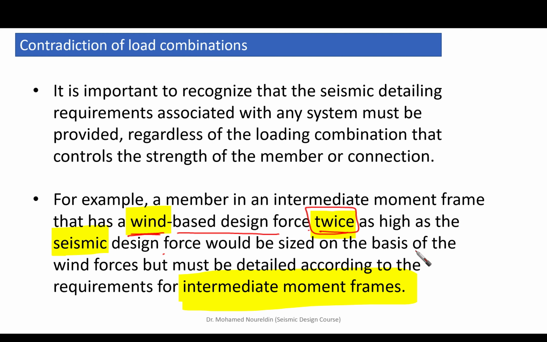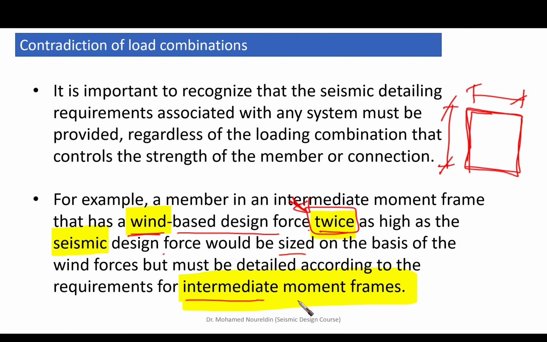So it would be sized, meaning the size of the cross section, if we talk about the beam, the size itself is going to be based on the larger load, which is the wind load, twice. However, it must be detailed according to the requirements of the intermediate moment frames. The detailing itself, the steel and so on, and the stirrups should follow the requirements for intermediate moment frames.